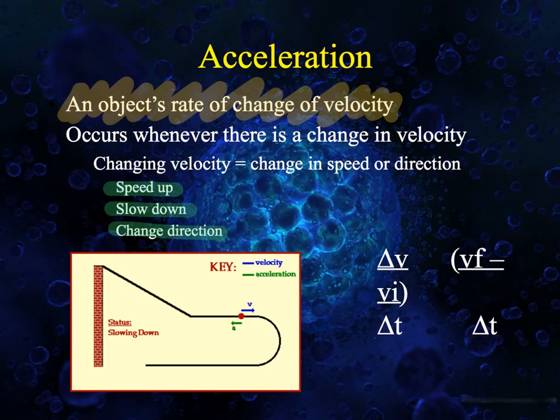If you were to speed up, you would press on the gas pedal. If you were to slow down, you're going to hit the brake. And if you were to change direction, you would turn the steering wheel.